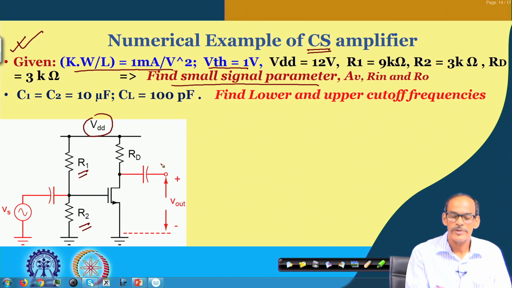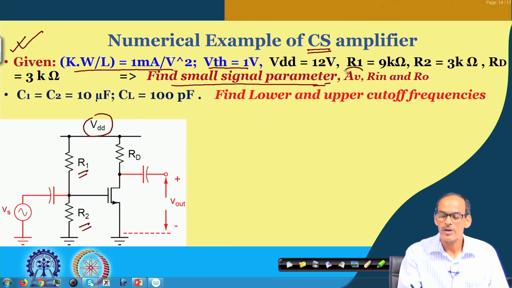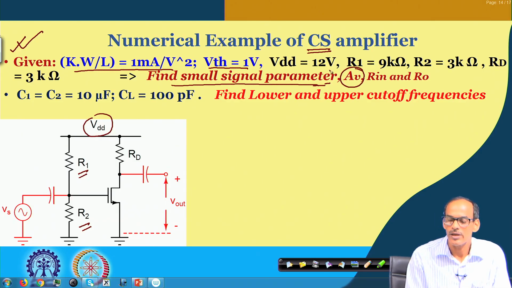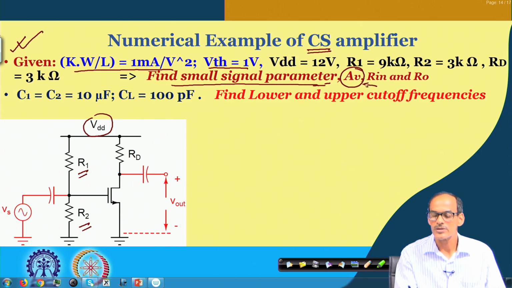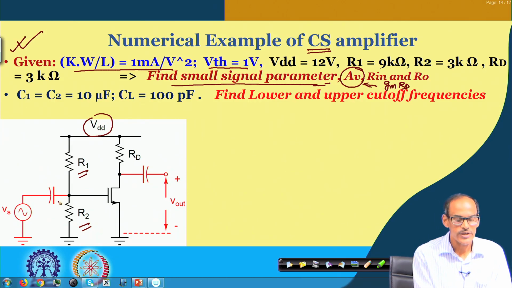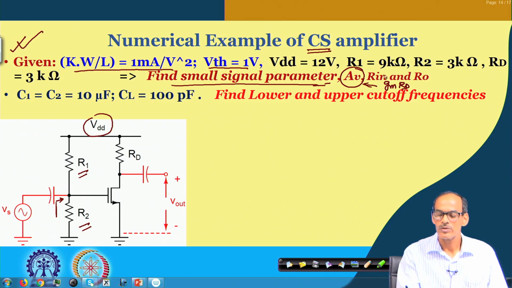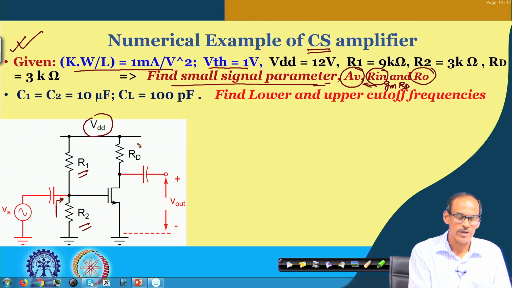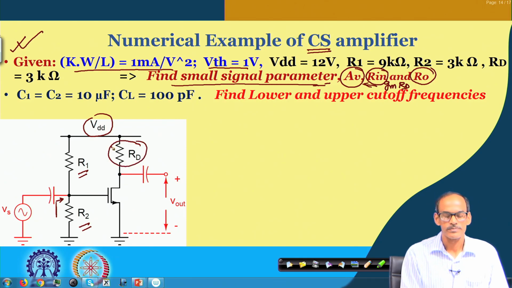But here lambda is not given. From that GM we obtained the voltage gain AV, which is GM into RD, and the input resistance is primarily R1 parallel R2, and the output resistance is the same as this RD. So, this part we have done before.